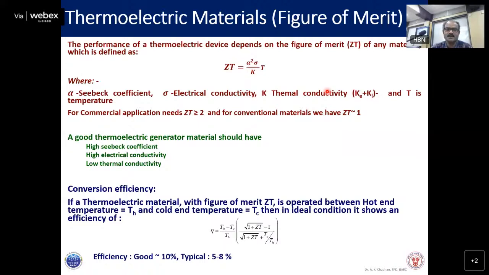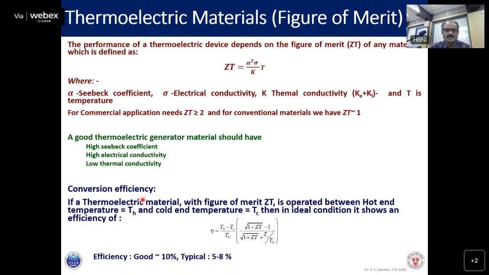The materials which have higher electrical conductivity generally have higher thermal conductivity, and vice versa also. If some material has low electrical conductivity, obviously it will have low thermal conductivity also. So that part has to be taken care of. How? Special methods are required where the thermal conductivity is manipulated in these devices in order to get a better ZT value.